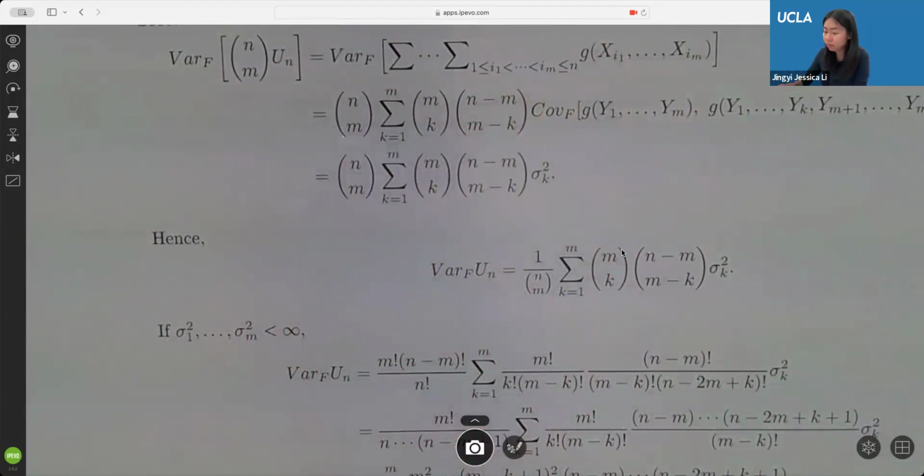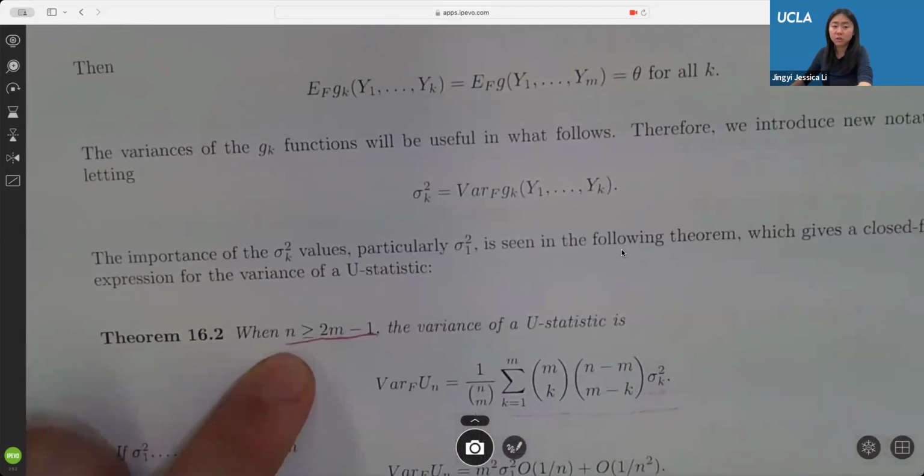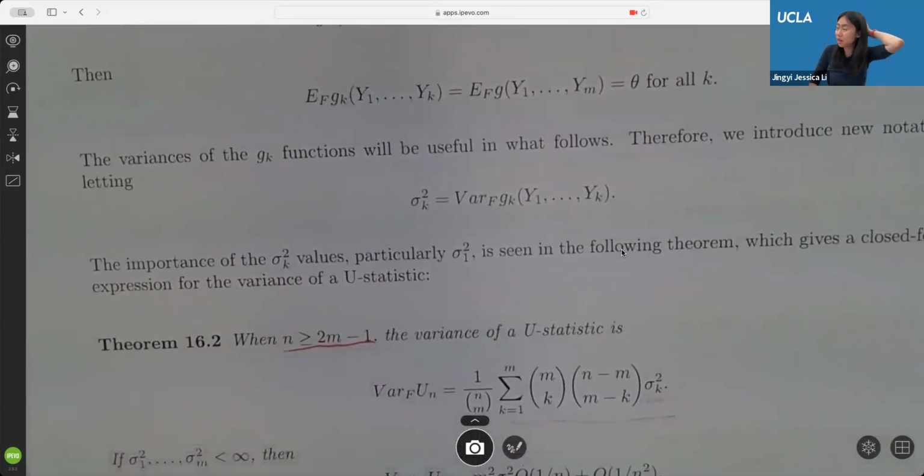And one more thing. If your n is not even 2 times m minus 1, then the problem will be even more challenging, because you are very likely to sample identical things.